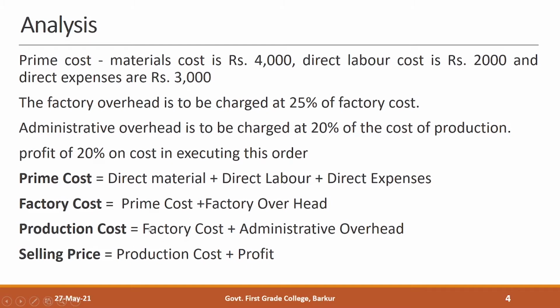Production cost is arrived at when we add factory cost and administrative overhead. Factory cost is arrived at when we add prime cost and factory overhead. Now in this problem, prime cost can be easily arrived at. Prime cost comprises direct material, direct labor and direct expenses.